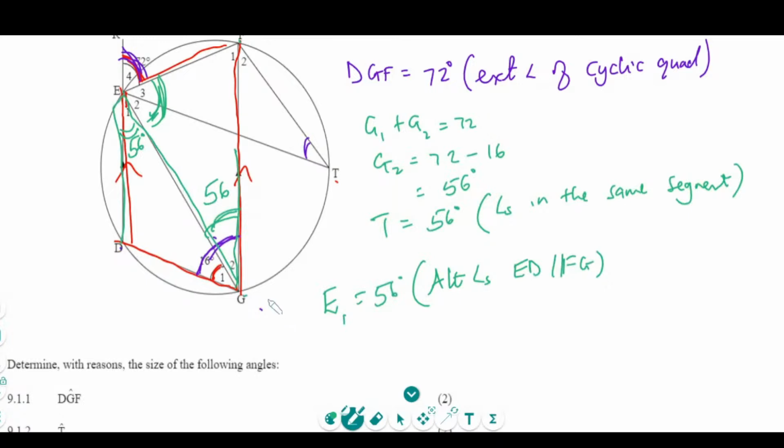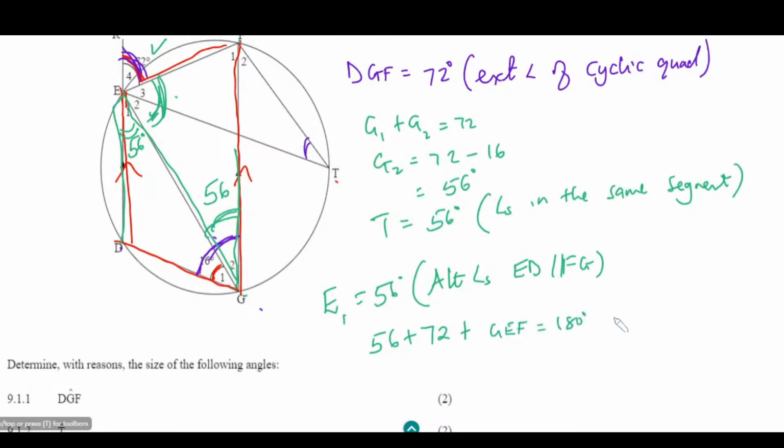Okay, we have this as our 72. We can find these angles on a line. So we can say that our 56 plus the 72 plus GEF must give us 180 degrees, angles on a line, because this is a straight line.